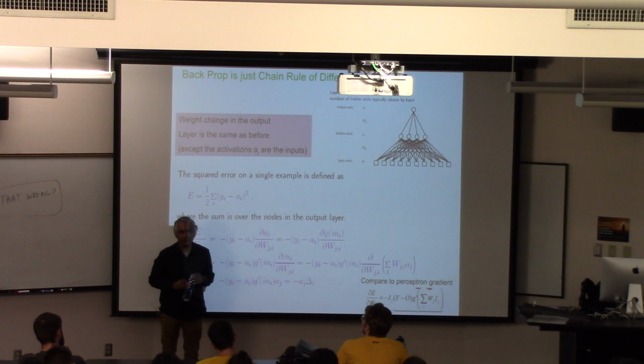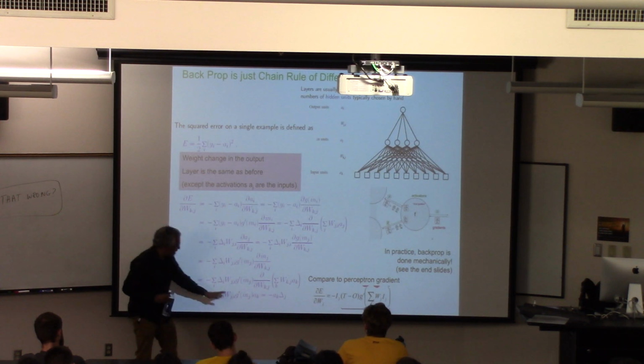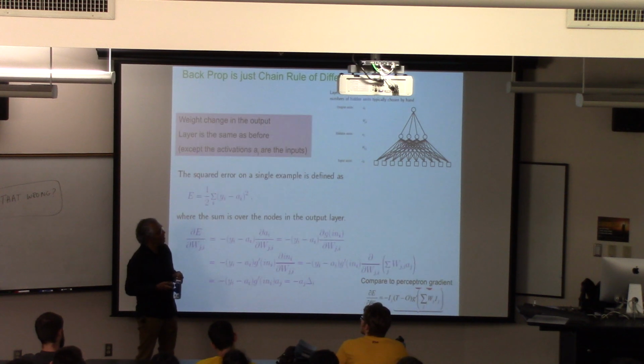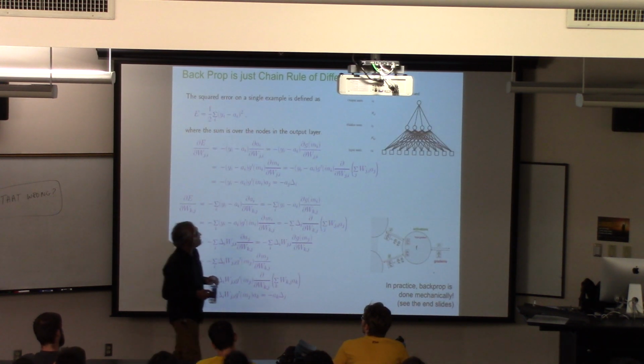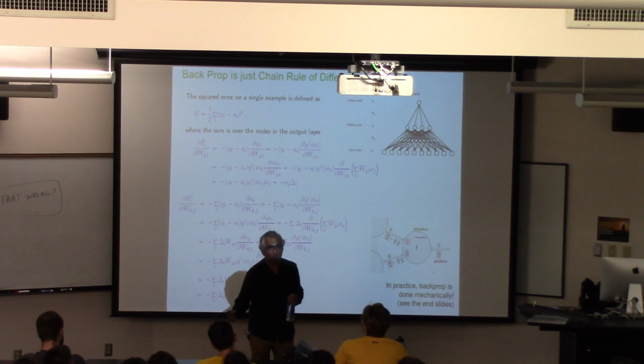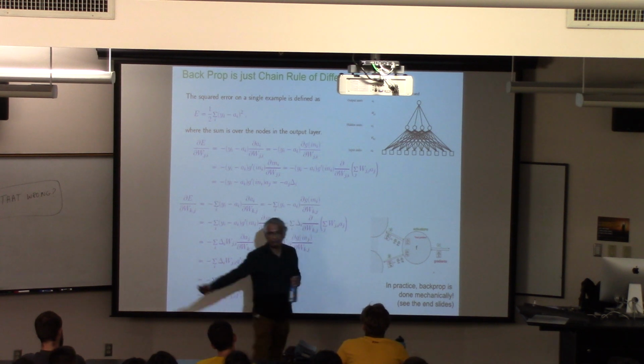It looks exactly the same form. And for the second layer, it basically looks in the same form. An intuitive way of understanding this is, you know what the error is at the highest layer, because you know what the actual values are supposed to be. You don't know what the error is here.